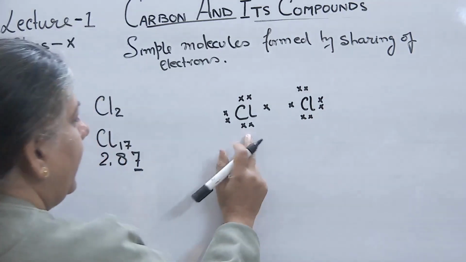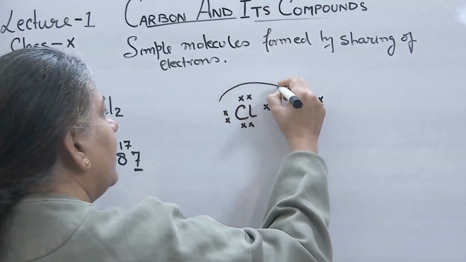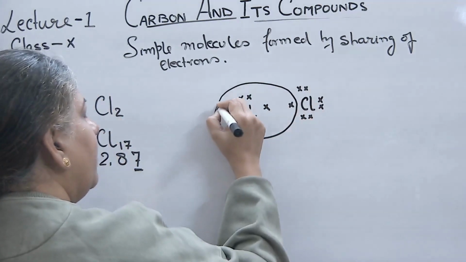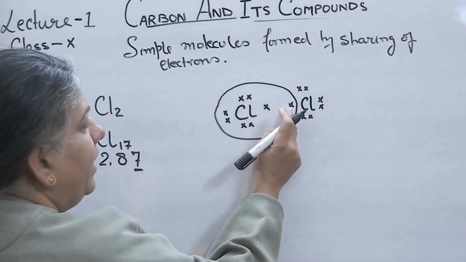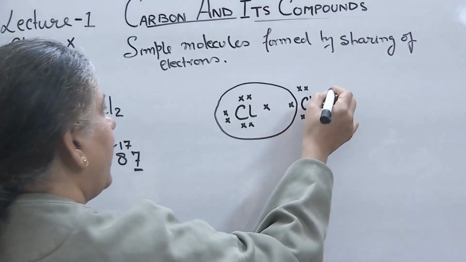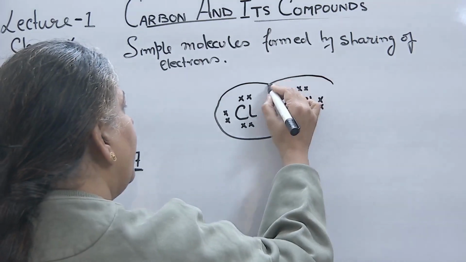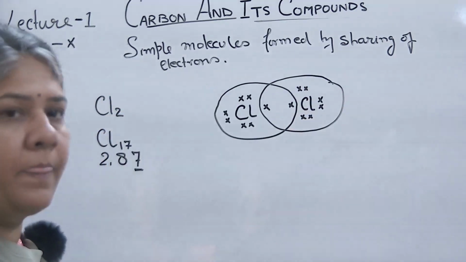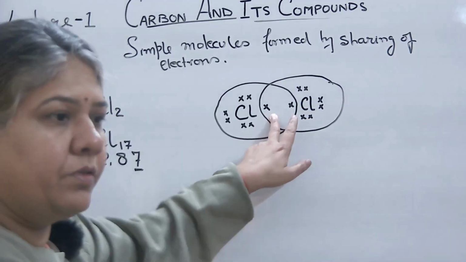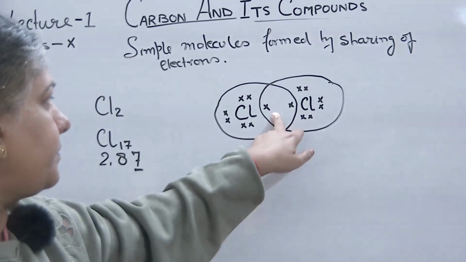So, it will attain the configuration of 8 electrons in the outermost shell by sharing 1 electron from the other chlorine atom. Similarly, this chlorine will also attain stability by sharing the electron of another chlorine atom.